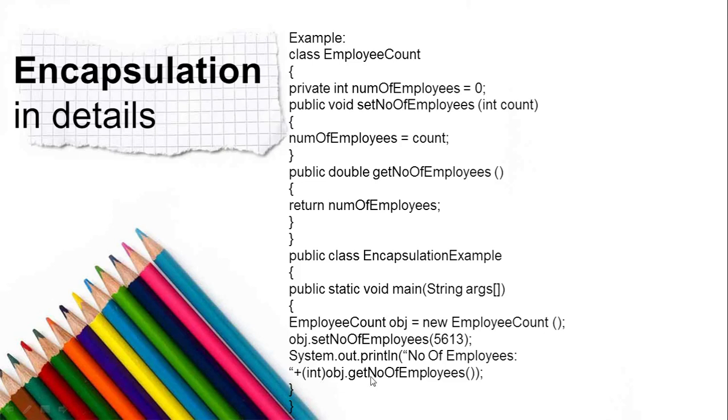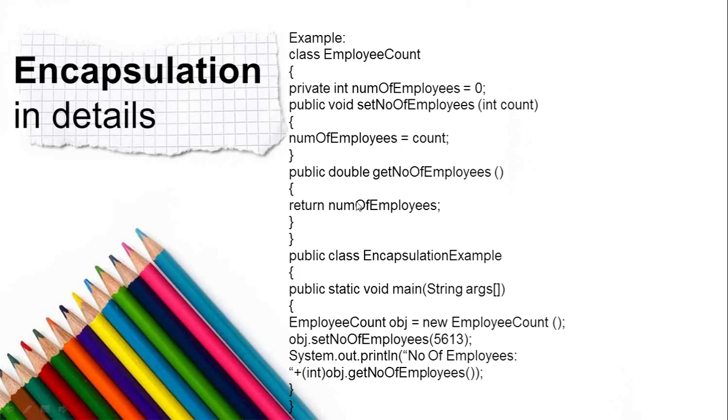So we are passing this double value, which is returned by the statement obj.getNumberOfEmployees. When you are calling the getNumberOfEmployees method by the object of the class EmployeeCount, the value which has been set by the earlier line, 5613, will be returned.